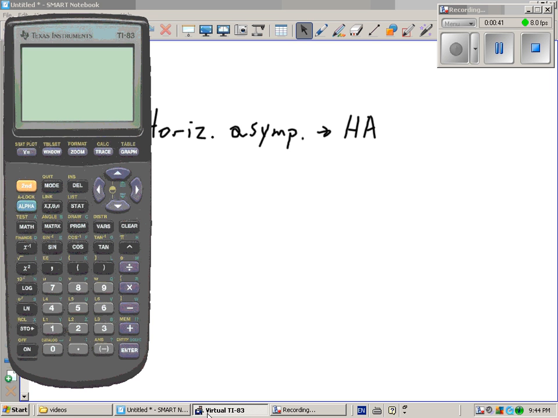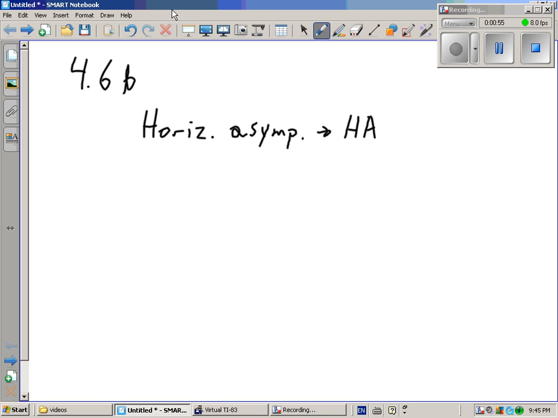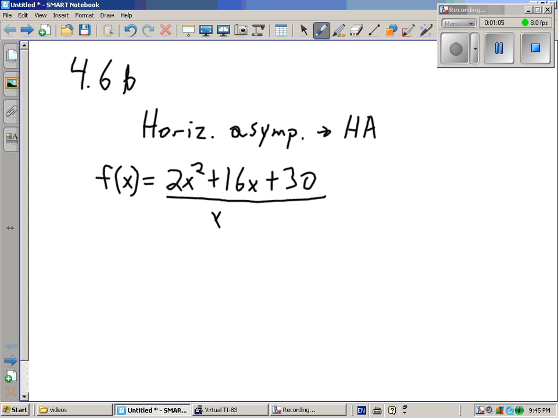Horizontal asymptotes look like this. What I'm going to do is use the exact same graph that we were using yesterday: f of x is equal to 2x squared plus 16x plus 30 divided by x squared minus 9.